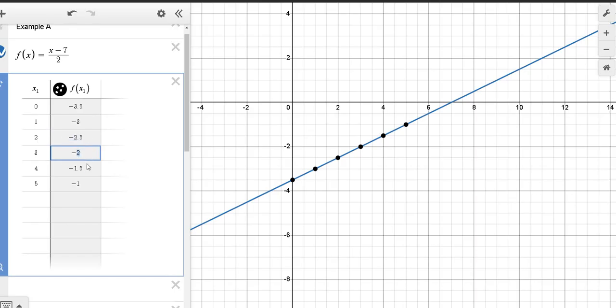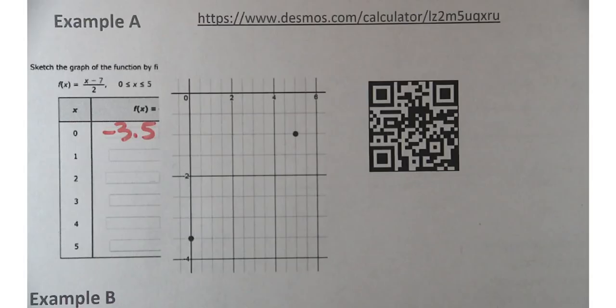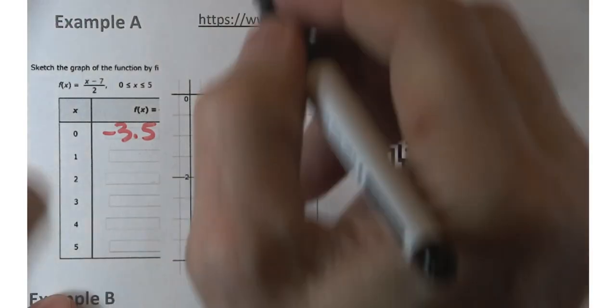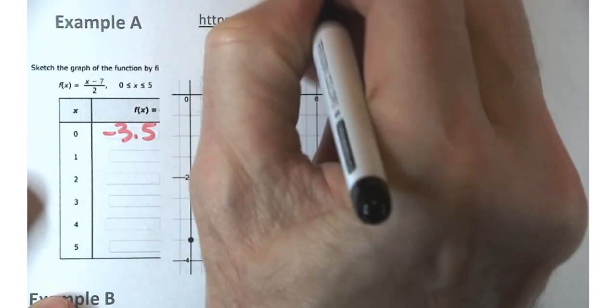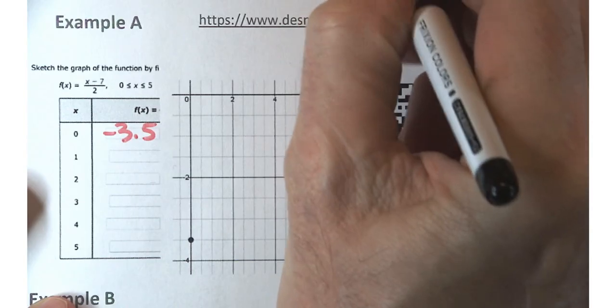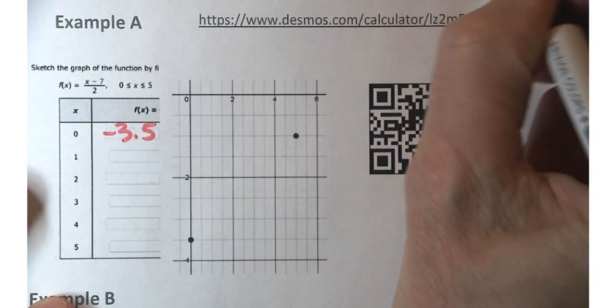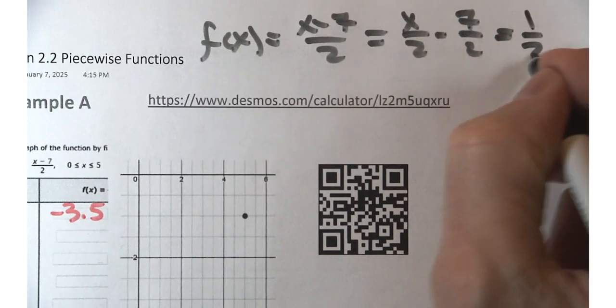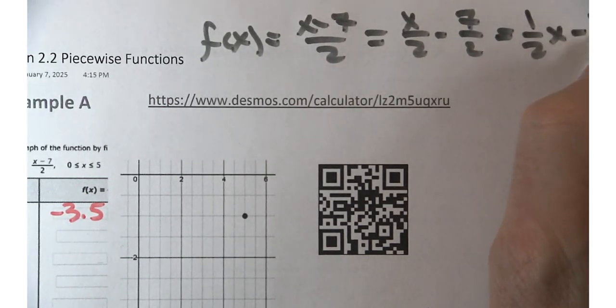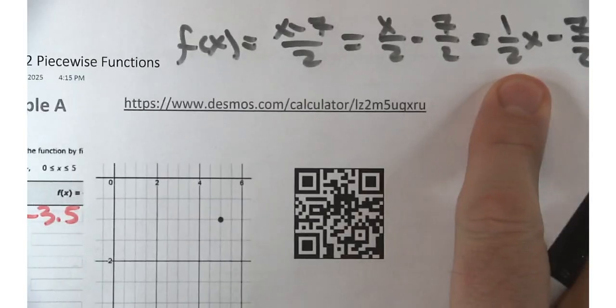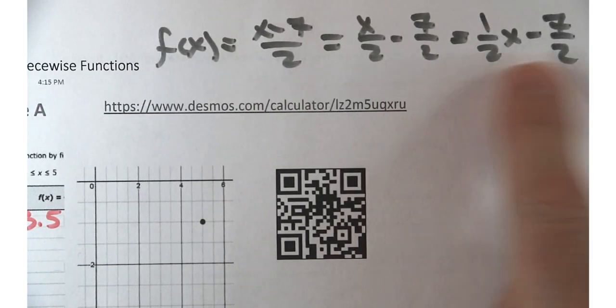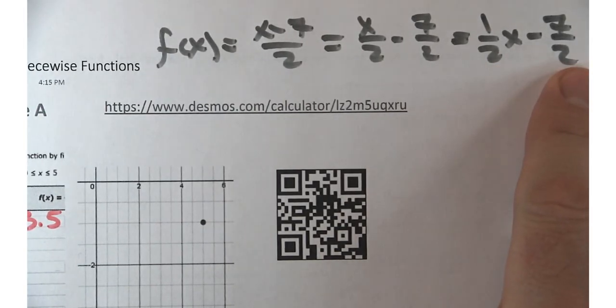0.5. Yeah, 0.5. And you can see that a different way if you think of f of x equals x minus 7 over 2 as really x over 2 minus 7 over 2, or better yet, 1/2 x minus 7 over 2. So the 1/2 is your slope, and the minus 7 halves is your y-intercept.